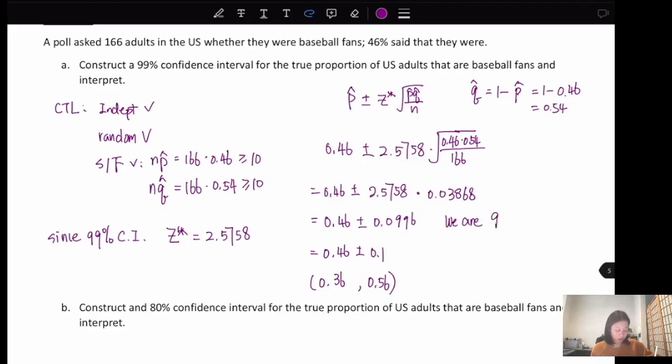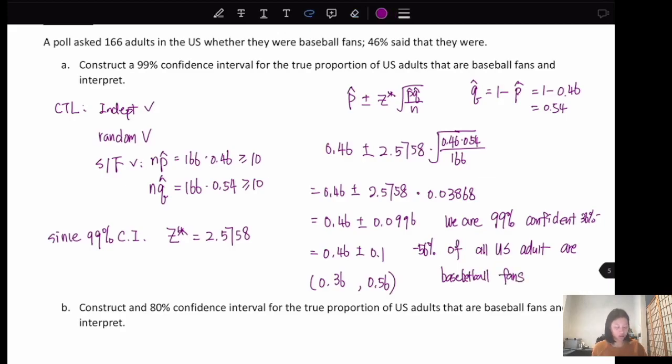We are 99% sure, or certain, or confident that the true proportion of all US adults who are basketball fans is... Sorry, I'm 99% confident that 36% to 56% of all US adults are basketball fans. I should do it better with my wording.